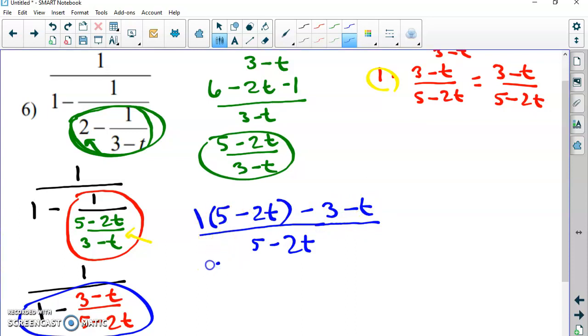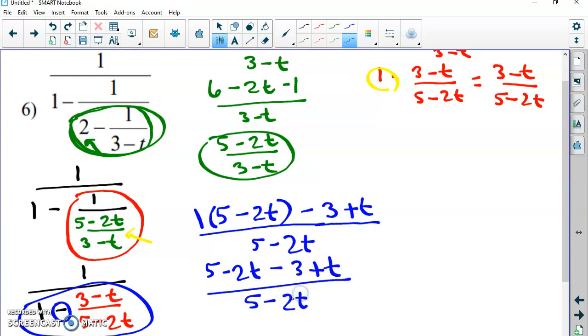Distributing, there is no distributing, so we have 5 minus 2t. Oh, glad I checked that. It's a subtraction, so this needs to change to a plus. So we have minus 3 plus t all over 5 minus 2t.